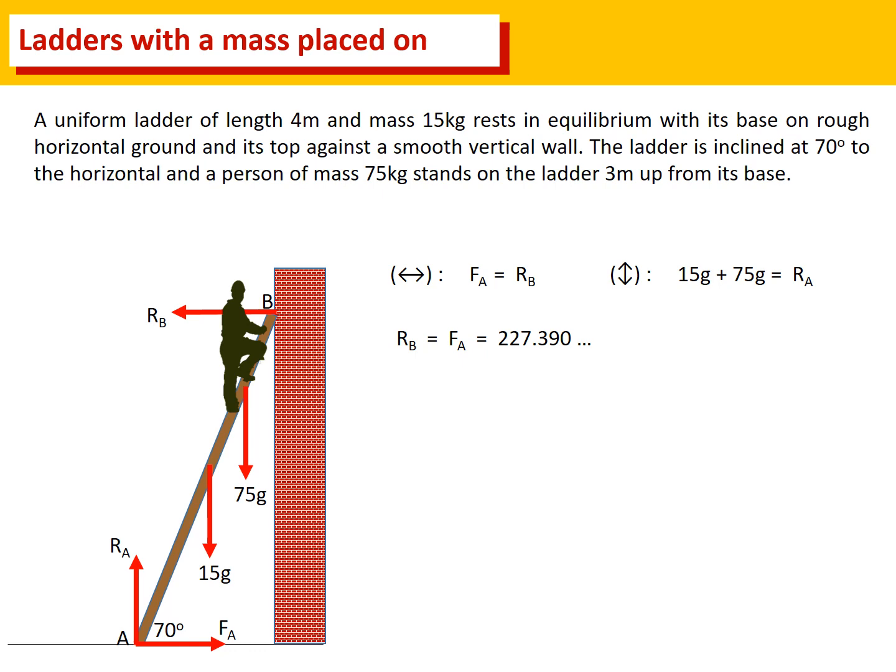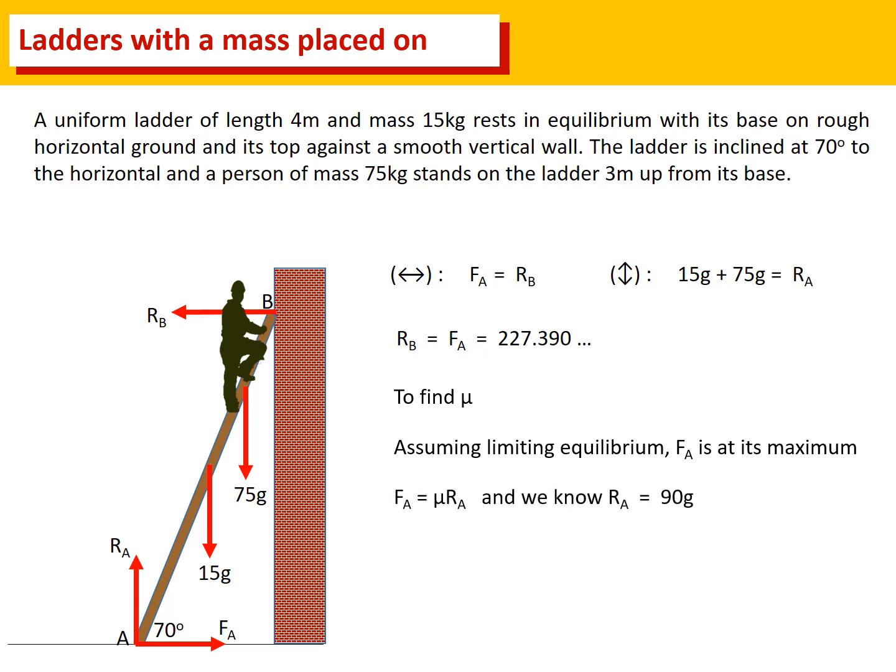And now to finish off this particular question, we wanted to find mu. Assuming limiting equilibrium, the frictional force at A will be at its maximum. Dividing therefore by 90g, we end up with mu equals 0.258.